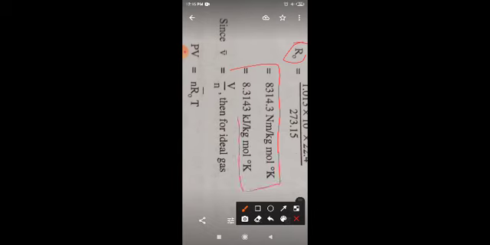You don't have to remember all this, but you must know the values of R0, that is 8314.3 Newton meter per kg mole per degree Kelvin, or 8.3143 kilojoule per kg mole per degree Kelvin. Newton meter has just been converted into kilojoule. This is the only difference.